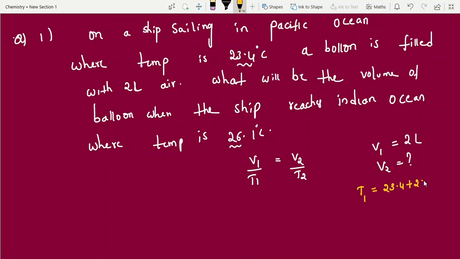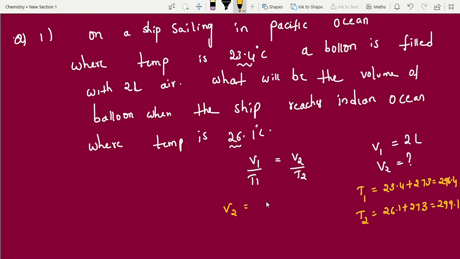23.4 plus 273, then you will get 296.4. What about T2? 26.1 plus 273, so you will get 299.1. That's it. Now you can substitute.